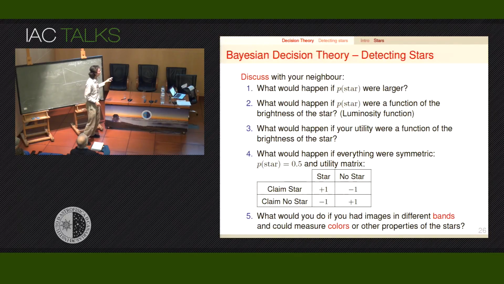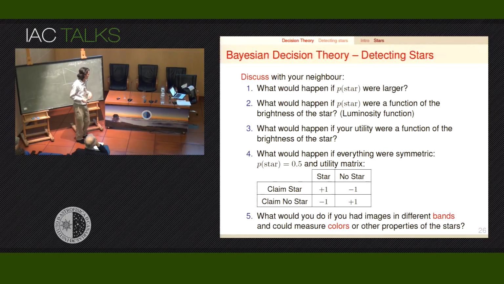Right, and then I'm going to skip past the other ones and just go to the bottom and say, now, what if you had other information and you could measure, say, the colors or other properties of stars? So instead of just measuring in a single band, you could take into account more information and say, well, it would be really interesting, if this thing is real, it would be pretty interesting.